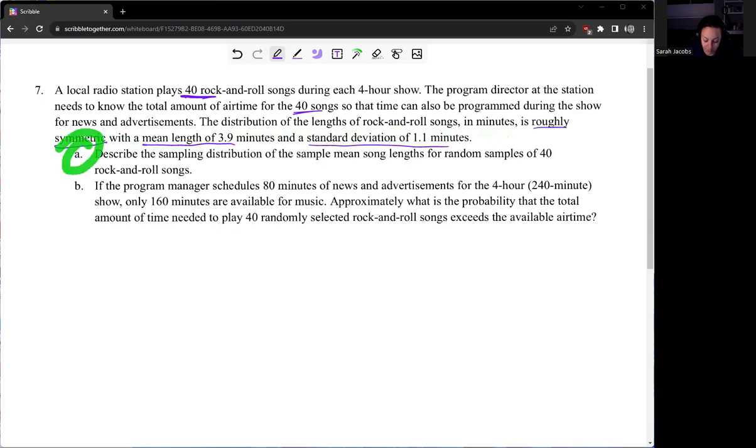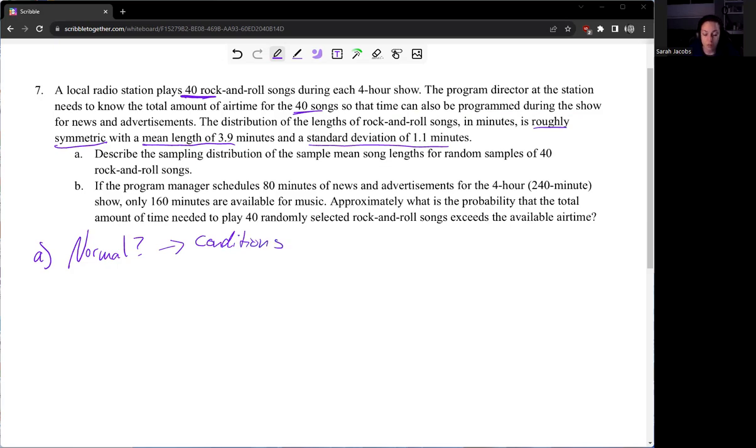Part A: describe the sampling distribution of the sample mean song lengths for random samples of 40 rock and roll songs. When it says describe the sampling distribution, we're looking for: is it normal? And how do we know? So that then leads to conditions.